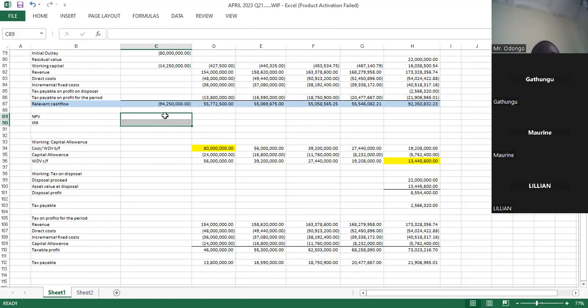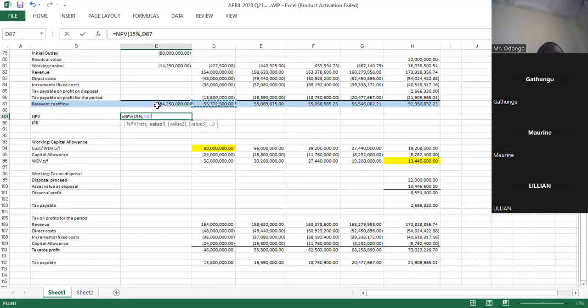In the case of the NPV, remember we'll type equal to NPV, open bracket. You start with the rate, which is the cost of capital. This was 15%, comma. I then pick value 1 to the last. Value 1, remember, is the cash flow for period 1.